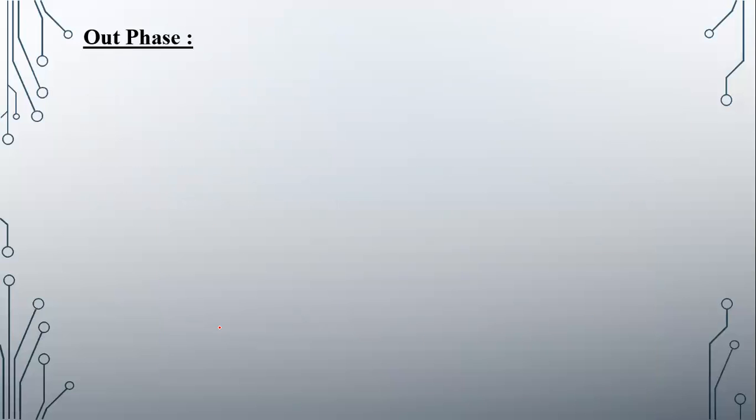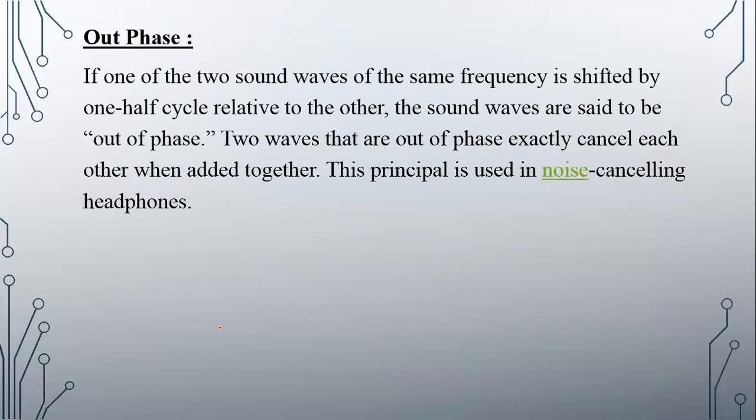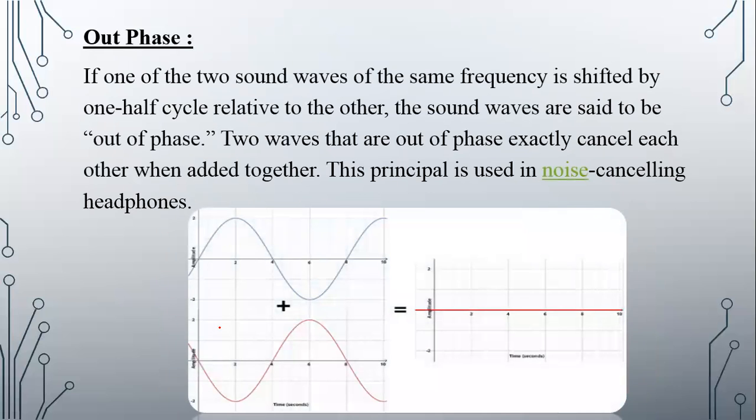But in the case of out of phase, if there are two waves with the same frequency but shifted by one half cycle relative to each other, they are called out of phase. For example, in this diagram you can note that where the crest of one wave falls, at the same place there is the trough of the other wave.